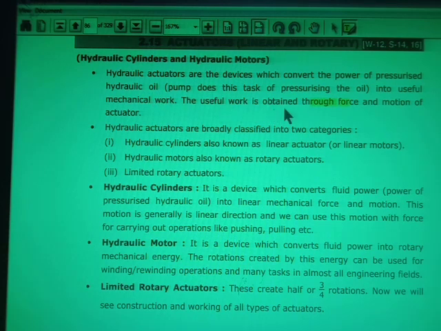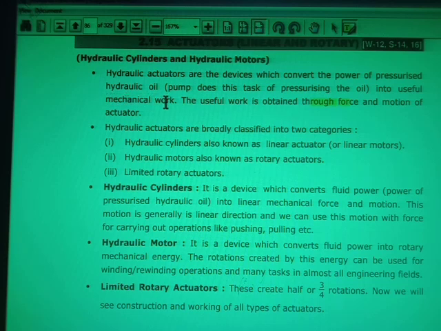When that oil enters the actuator, the high pressure hydraulic energy is converted into useful mechanical work, obtained through the force and motion of the actuator.